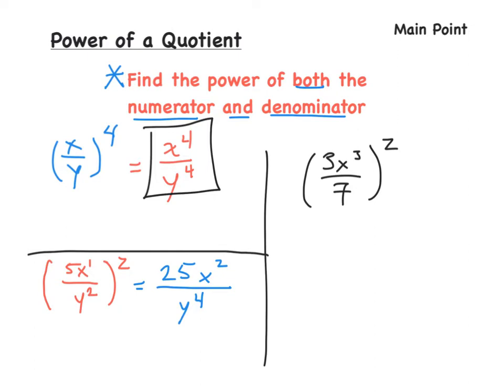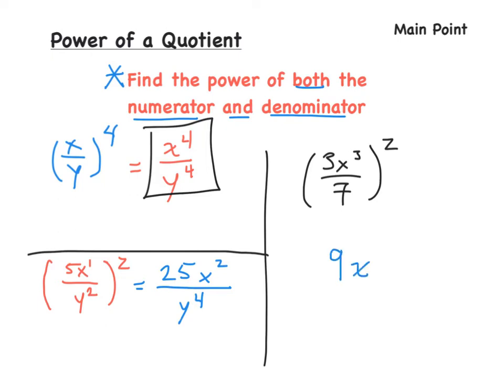Now what I want you to do is pause the video and try this one off to the right. Use this one down here as a basis. So pause it and try this one. Alright, now we have 3 to the 2nd power. This is a second, not a z. So it's 3 to the 2nd power, which is 3 times 3, which is 9.